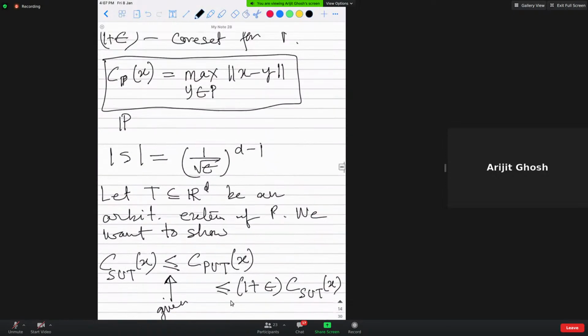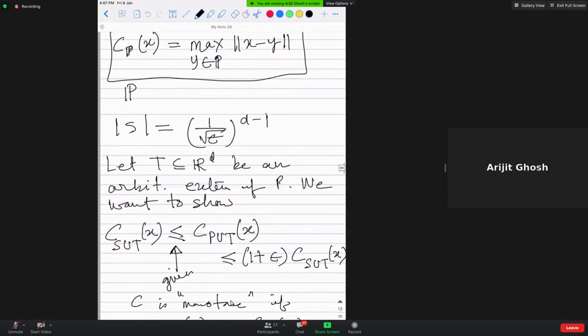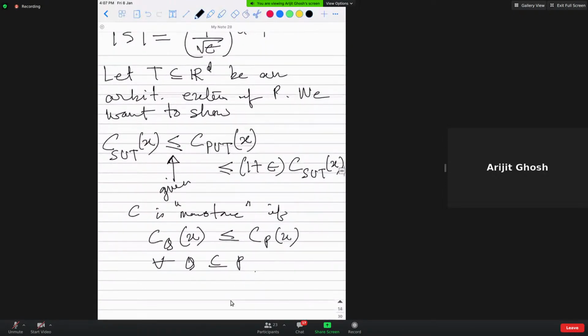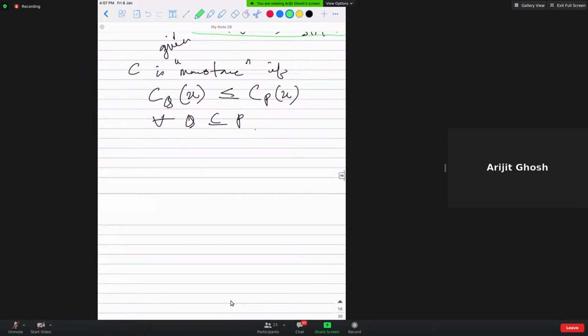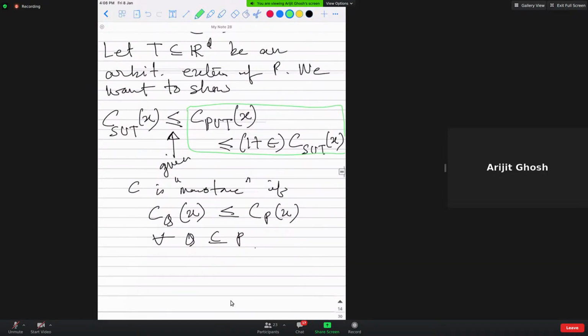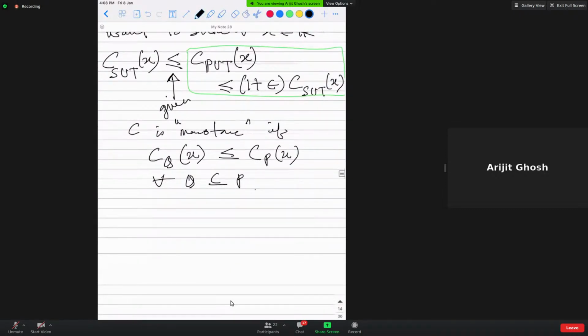That directly follows from the definition. So the main thing that we have to prove is the first part. By the way, this should be true for all x belonging to R^d.